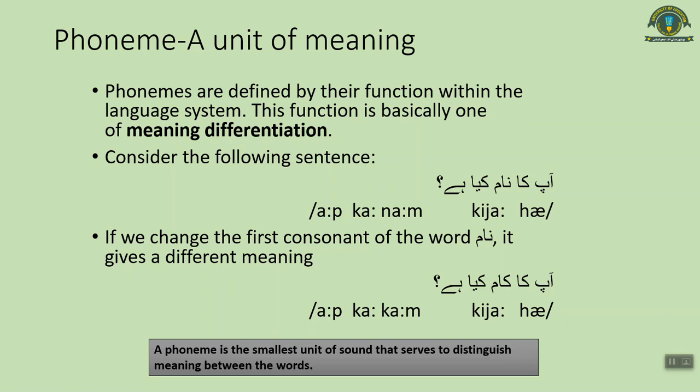Like if we say आपका नाम क्या है और आपका काम क्या है, it is changing the complete meaning. So I have given the examples from Urdu language as well, because your outline says that phonemic inventory of Urdu and English, of other Pakistani languages, of Urdu and Punjabi as well. So this is why I have taken examples from Urdu as well.